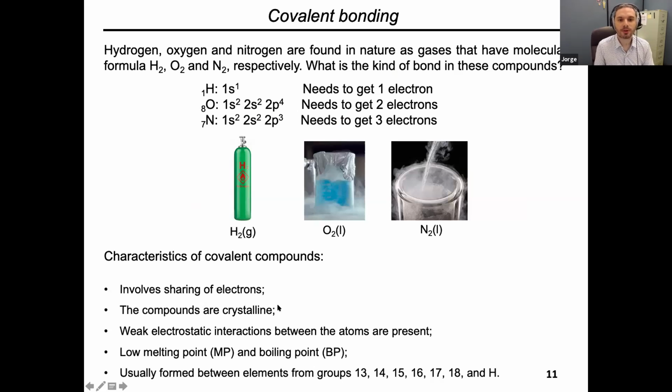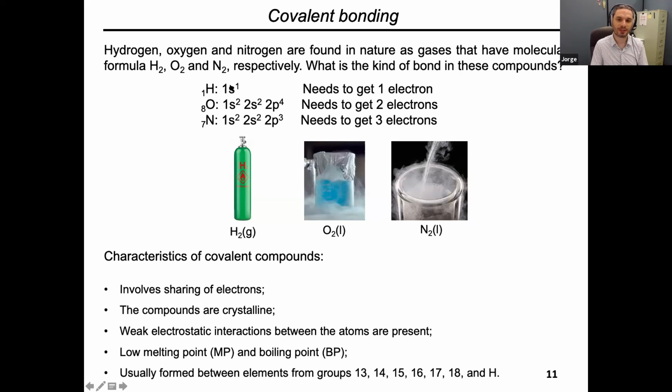All right, so now it's a good point to shift our attention to covalent bonding. Hydrogen, oxygen, and nitrogen are found in nature as gases that have molecular formula H2, O2, and N2, respectively. What is the kind of bond in this compound? If we look at hydrogen, we have only one electron in the valence shell.